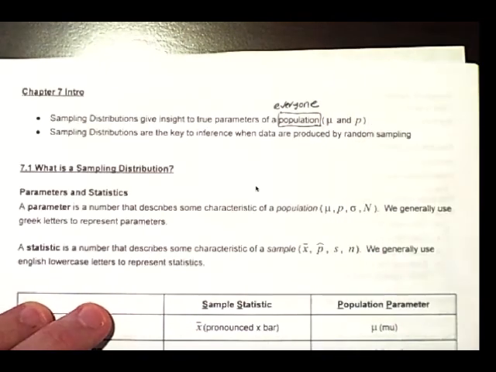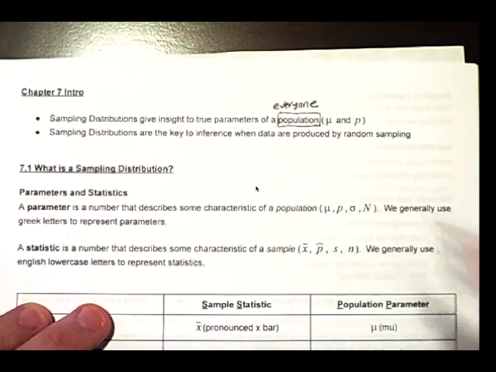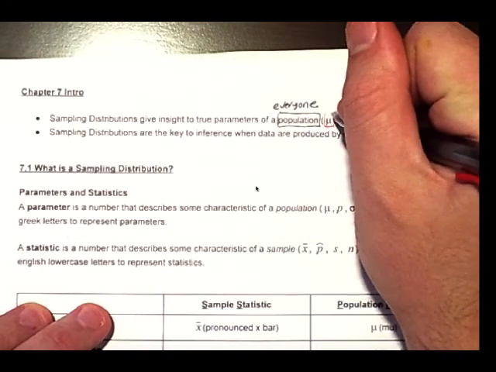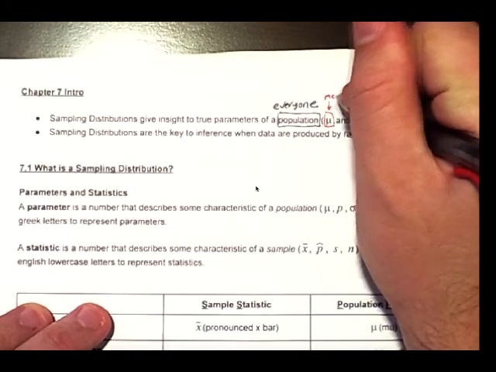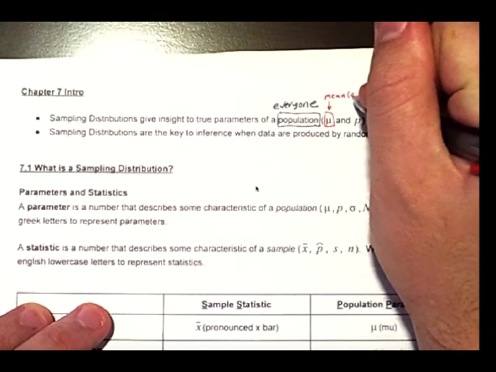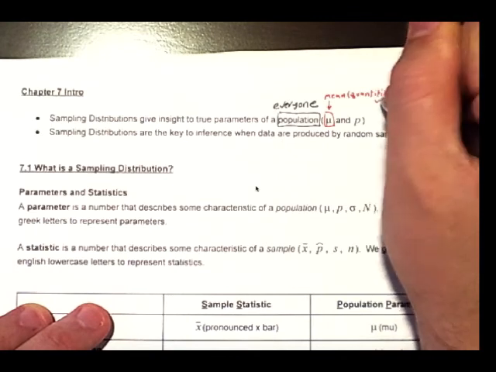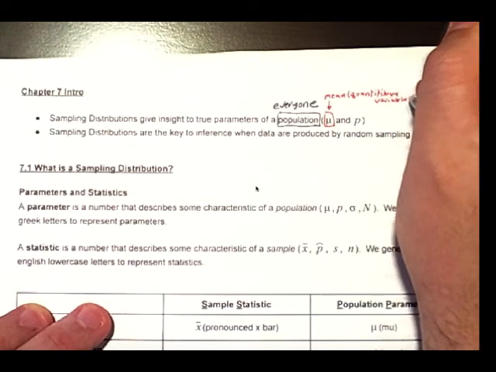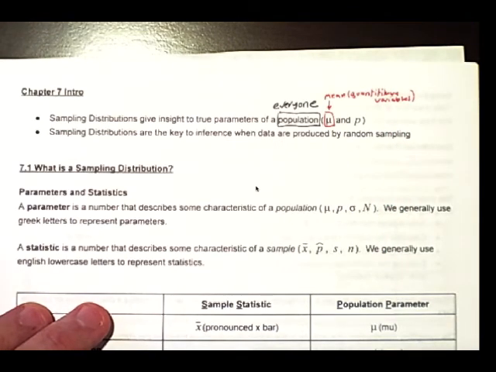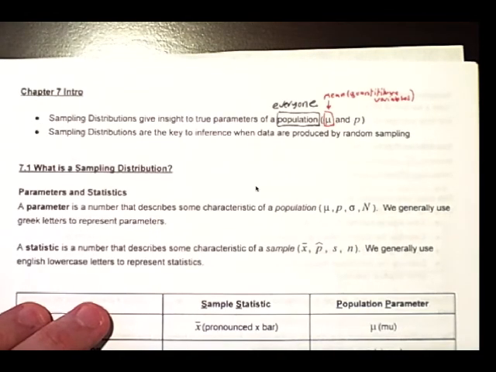Okay, so when we talk about populations, if we're talking about a mean, we usually talk about means for quantitative variables. And then we use the symbol mu.